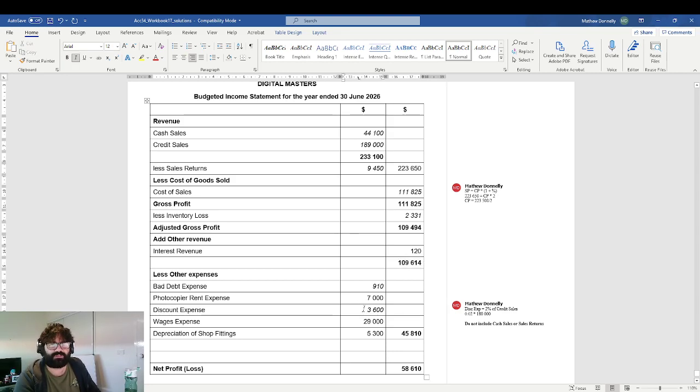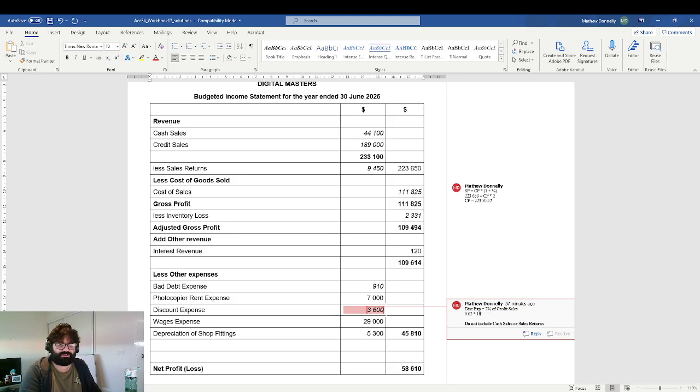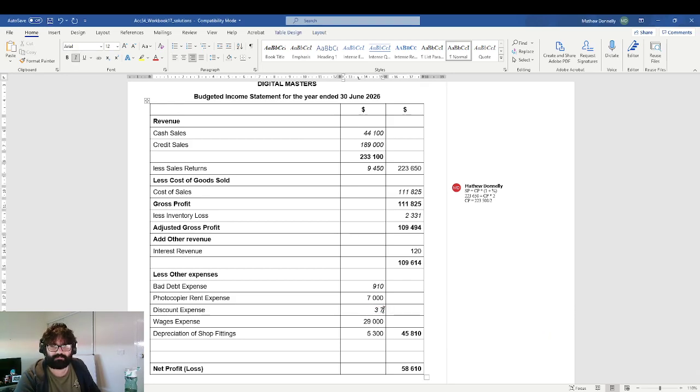So we've got to do the discount expense and the bad debt expense. We'll do the discount expense first. We've got to put in the new credit sales amount, which is 189,000. 2% of that, 0.02, is 3780.